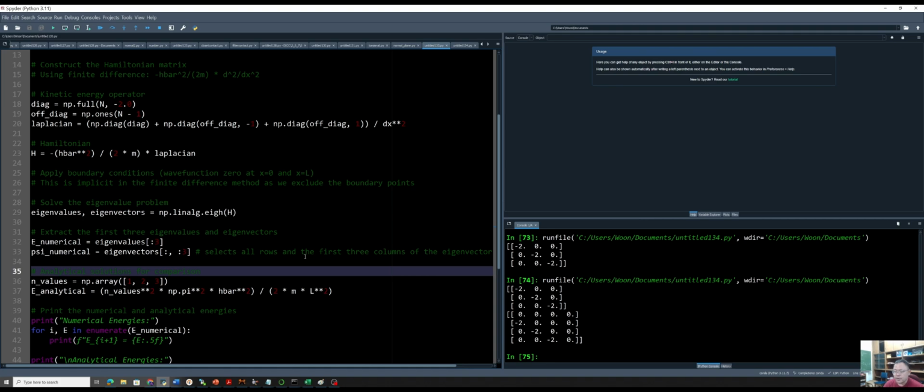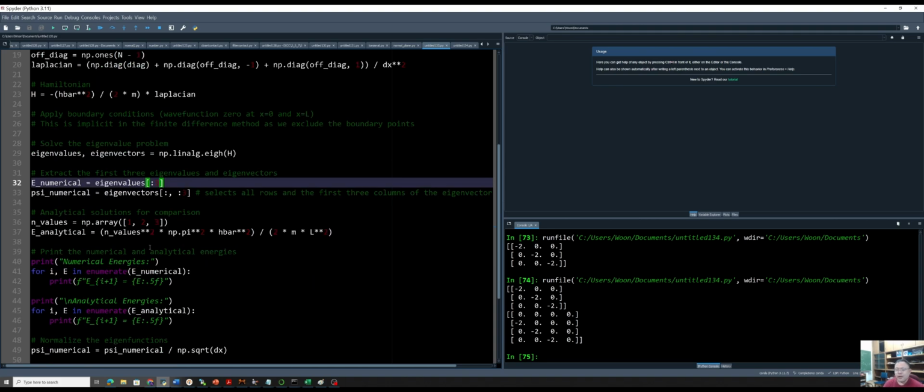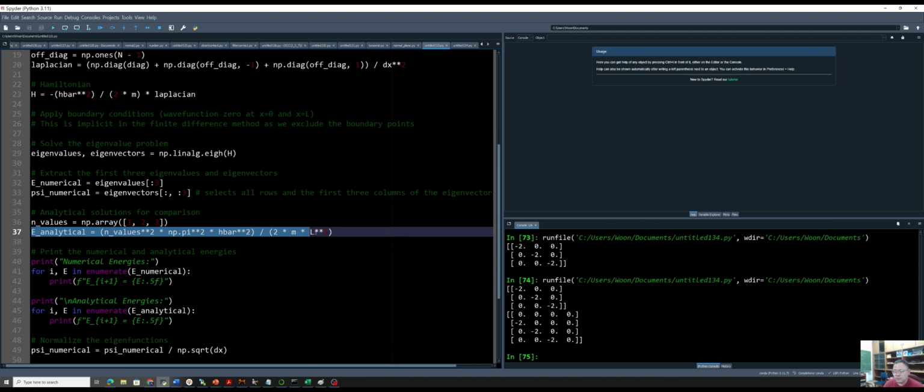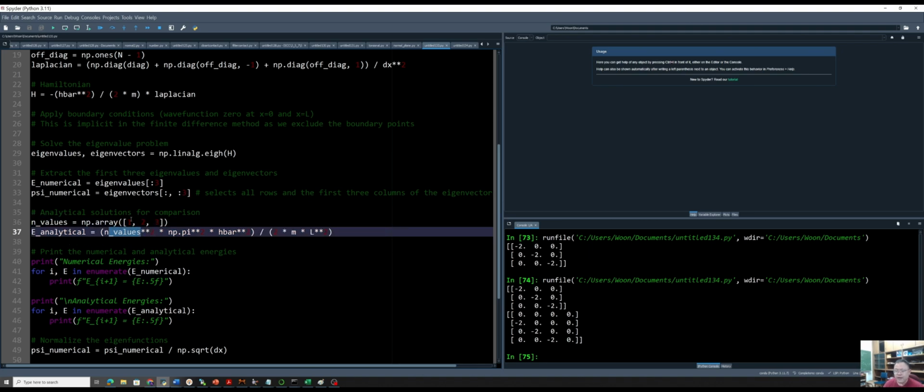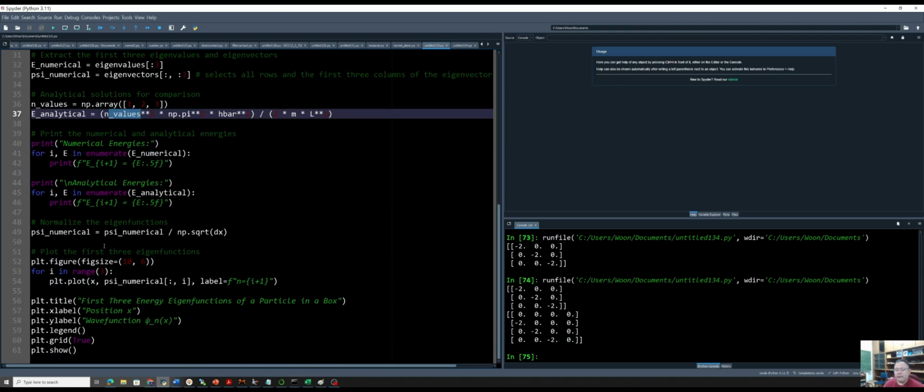I select all the rows and the first 3 columns, because the first 3 columns correspond to the first 3 eigenvalues. And for the analytical solution, I find the first, second and third energies, and then I plot the graph.